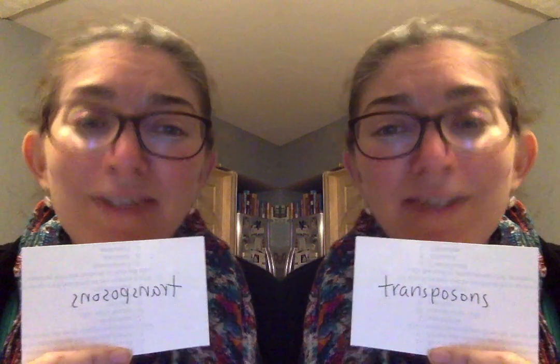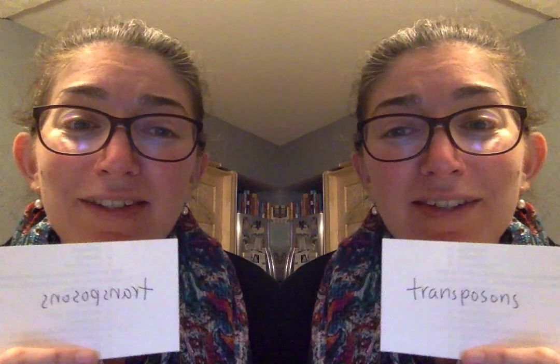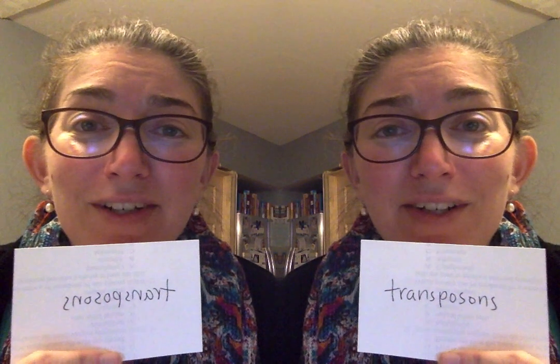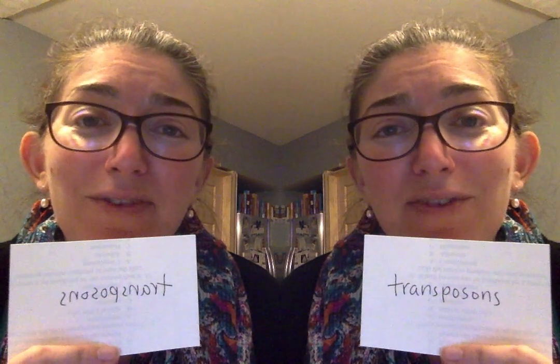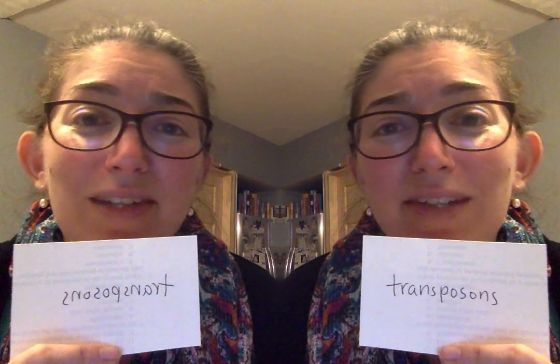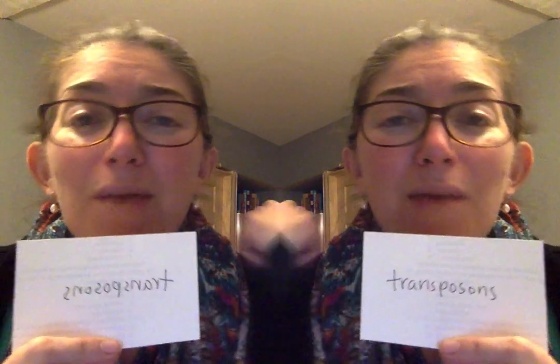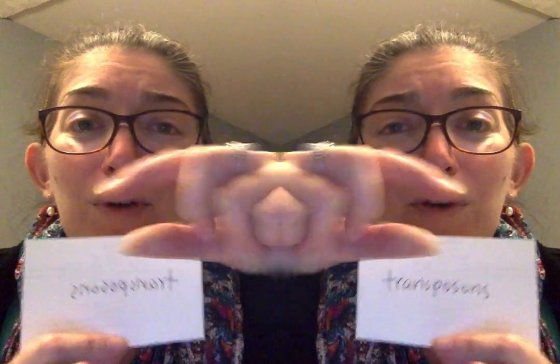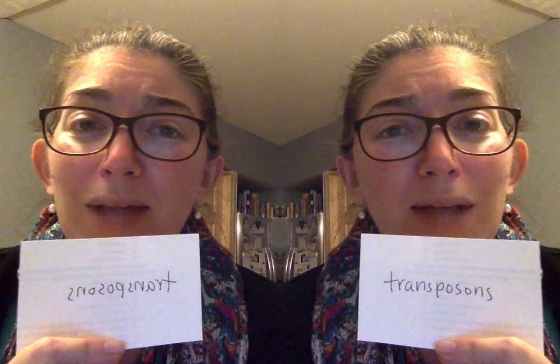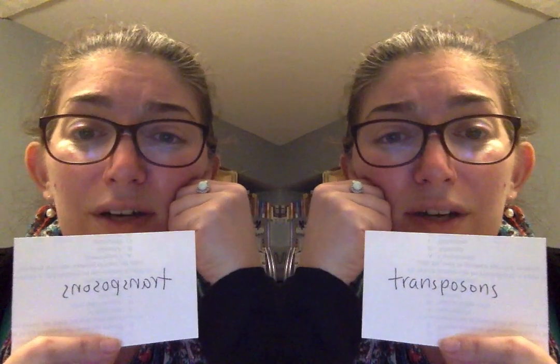Transposons are nicknamed jumping genes. They're genetic material that can literally pop themselves out of a chromosome and pop themselves in somewhere else. They're genes that can move around in a chromosome, but they can also jump from a chromosome to a plasmid or a plasmid to a chromosome. So transposons also increase genetic recombination.